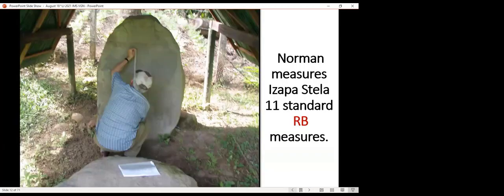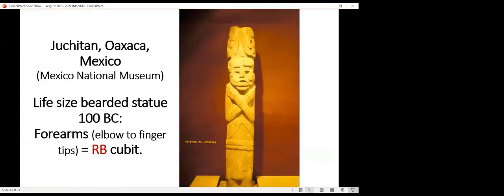So this just shows me measuring on Stela 11. Now, this was a real jewel. We located or observed this statue excavated at Uchitan, Oaxaca, on the Tehuantepec coast, and in the National Museum.